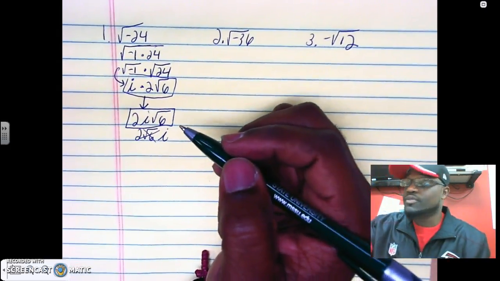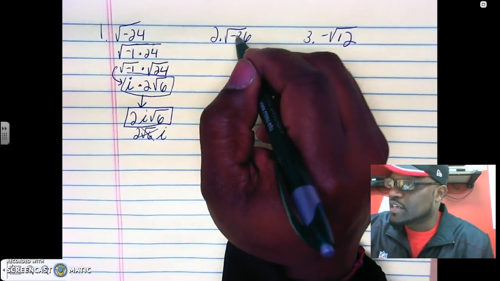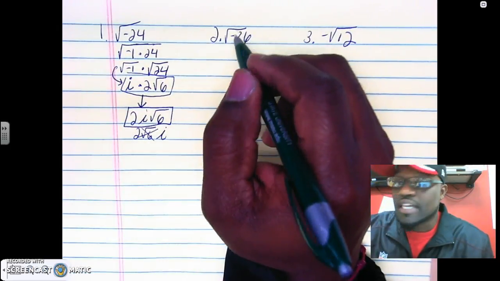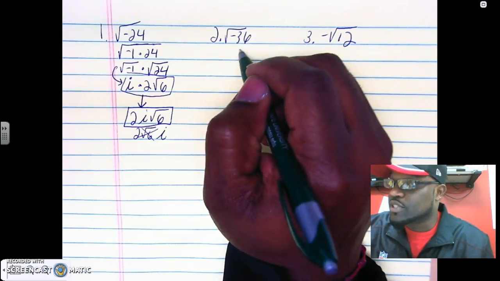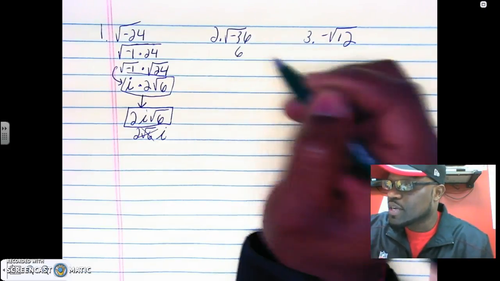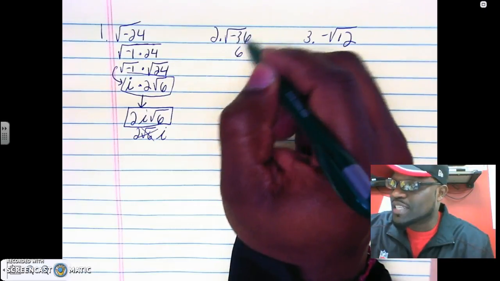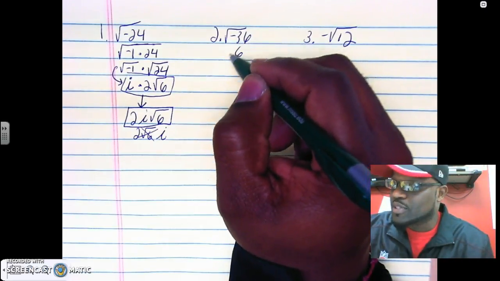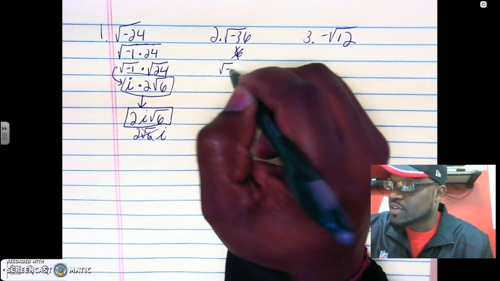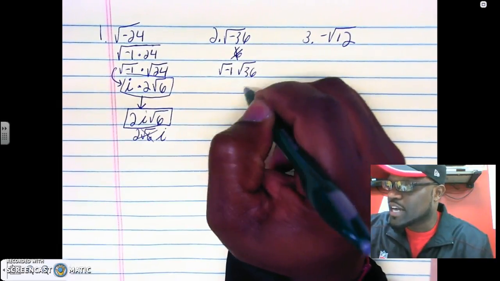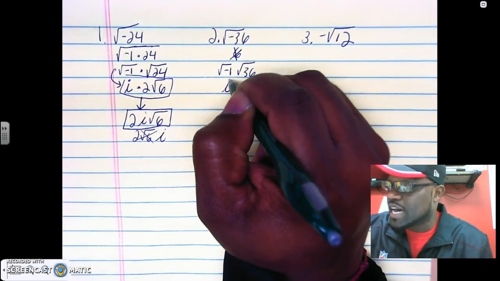All right, let's look at number 2. Notice I have the square root of negative 36. Now, if that negative wasn't there, then all we would say is that equals 6. But I can't put that in the calculator. It won't allow me to. But if I go ahead and separate the square root of negative 1 and the square root of 36, I know that equals 6, and that equals i.